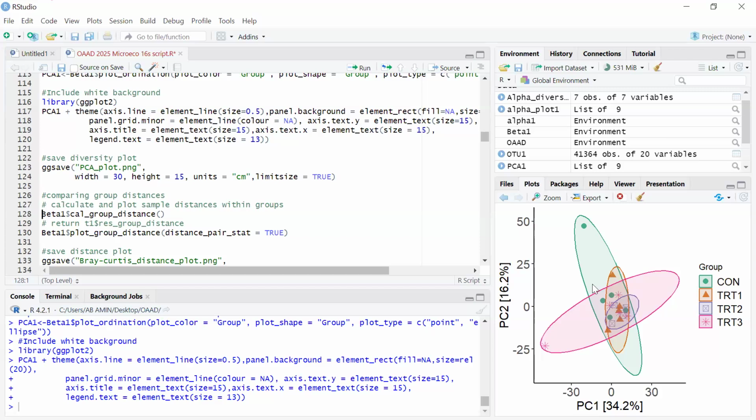Yes, and this PCA is also about numbers. So I think there should be a clear distinction between these two, such that when we want to interpret, we know what we are saying.